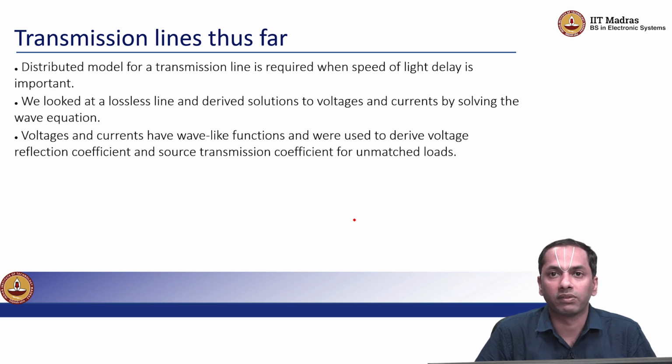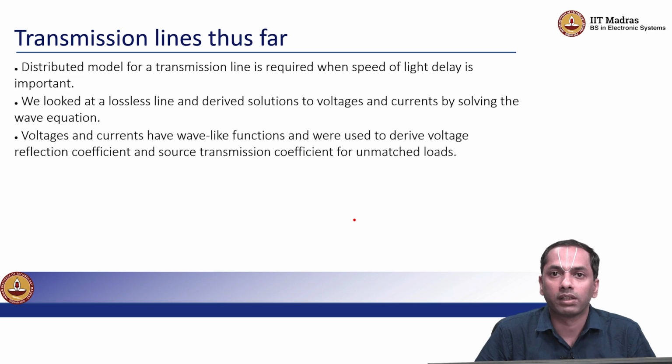Then we took a very specific case where we said that instead of taking up the entire complexity of the distributed model, we remove all the resistive loss elements and just kept the inductors and capacitors to derive solutions for voltages and currents using just the inductors and capacitors.